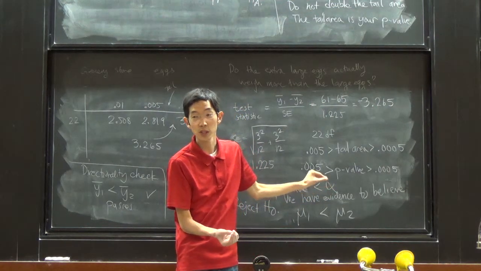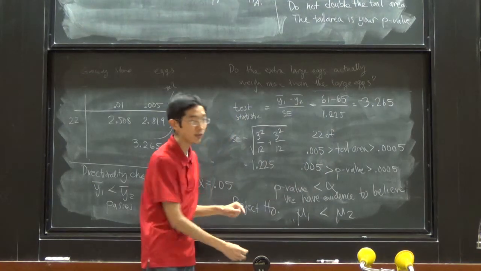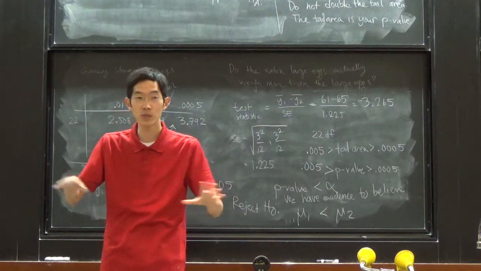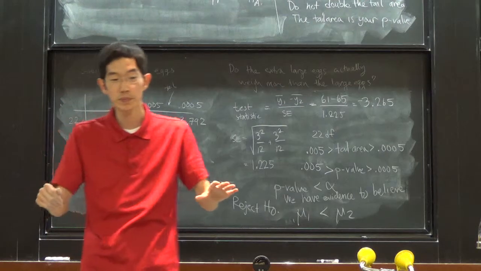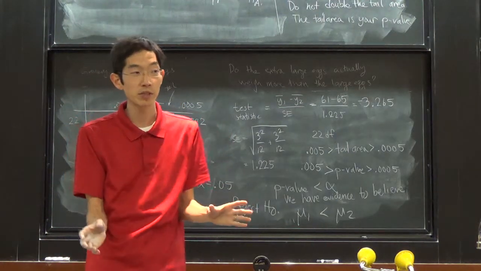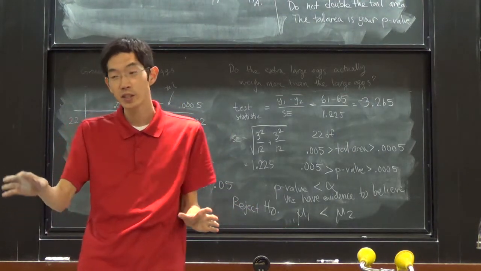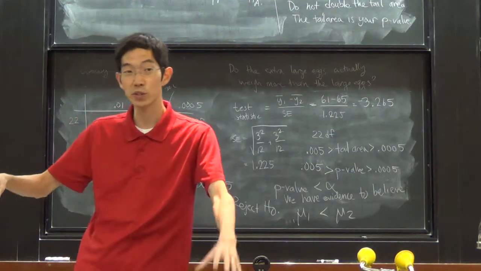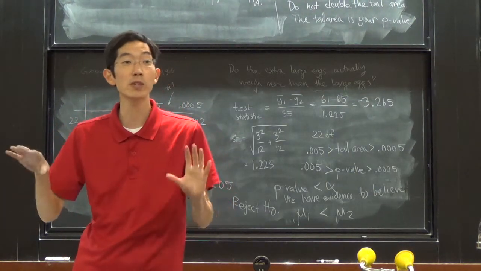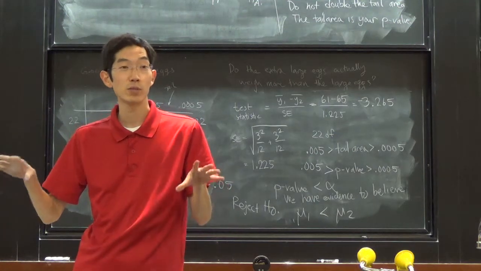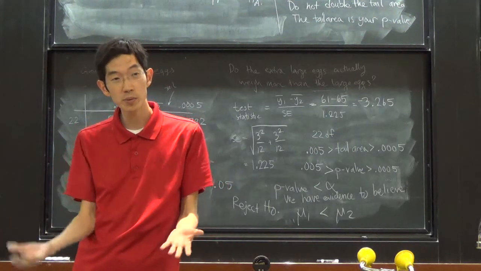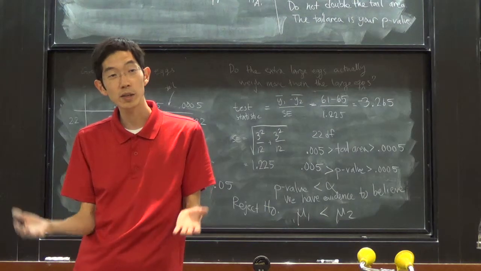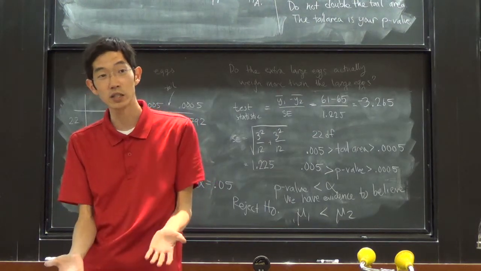So if there really was no difference in all of these eggs, by random chance alone it's possible for me to get 12 eggs where the average is 61 and 12 eggs where the average is 65. It's possible for that to happen from random chance alone. But what's the probability of that happening? That probability is incredibly tiny.